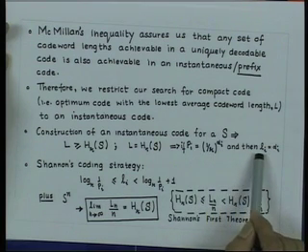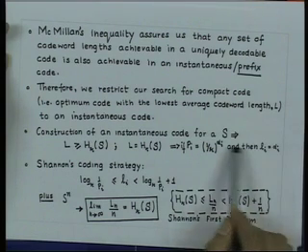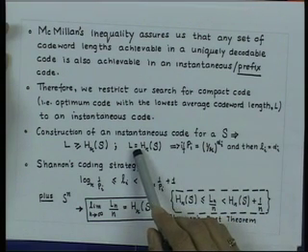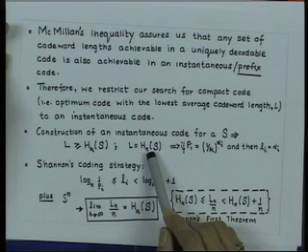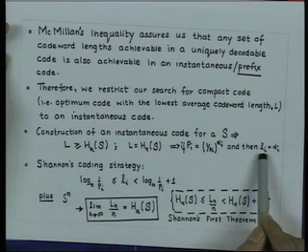And then by choosing your Li equal to alpha i, I can get my average length of the code equal to the entropy of the source. We have also seen how to construct an instantaneous code in a special case like this.